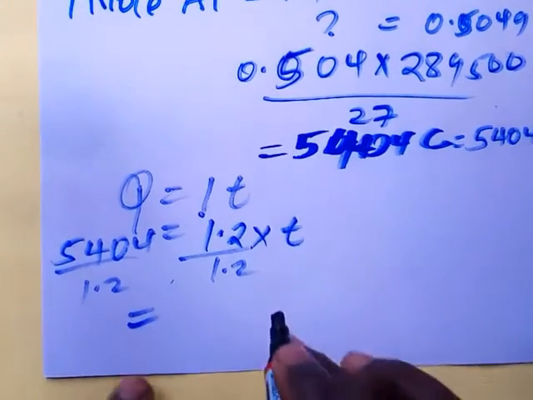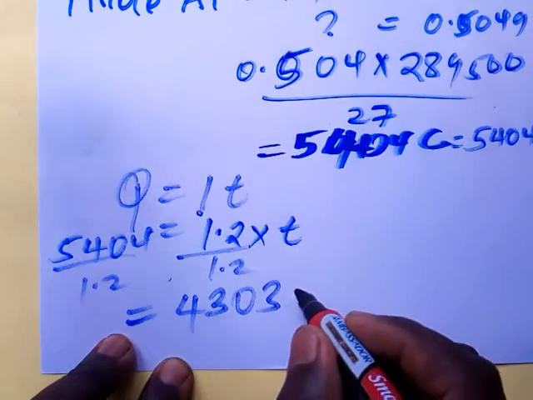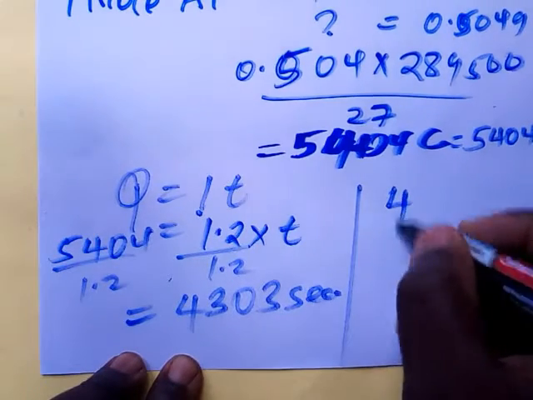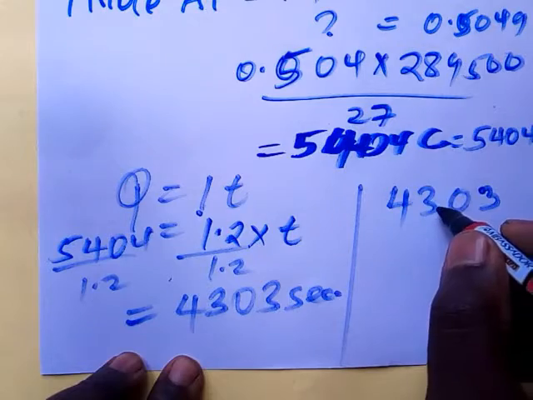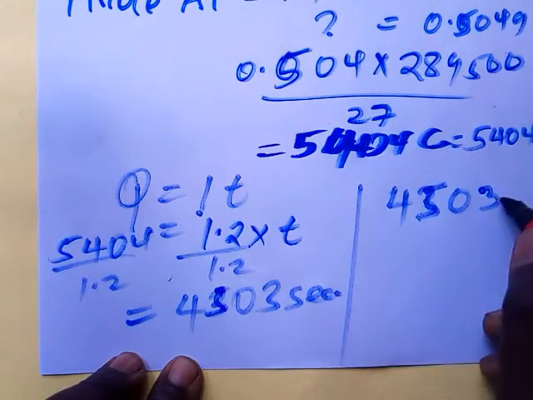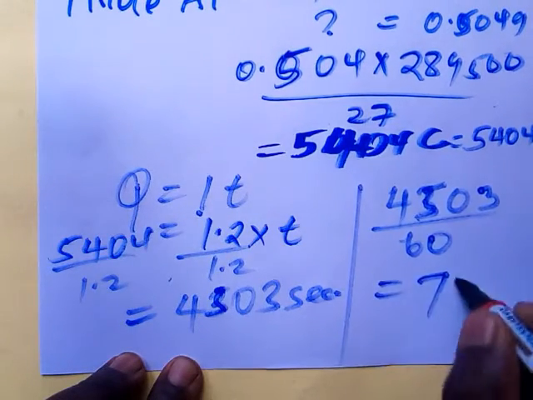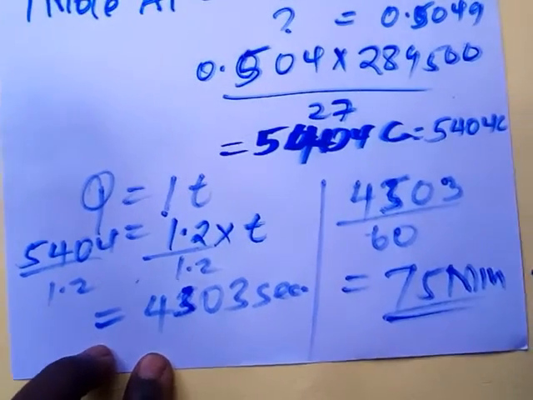We will have 45.03 seconds. But we want time in minutes, so 45.03 divided by 60 will give us 0.75 minutes, and that is the time.